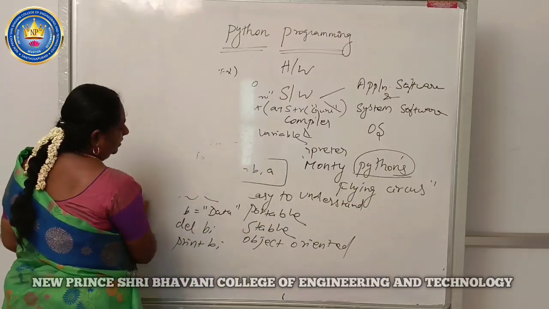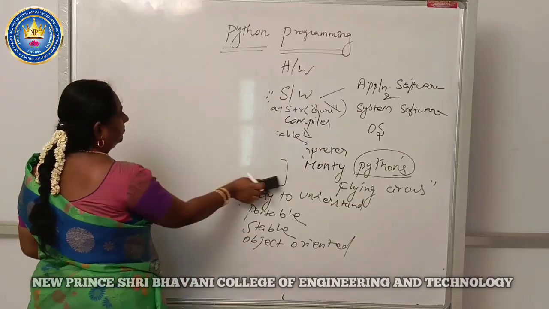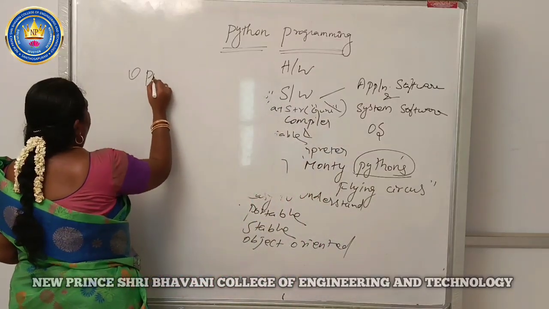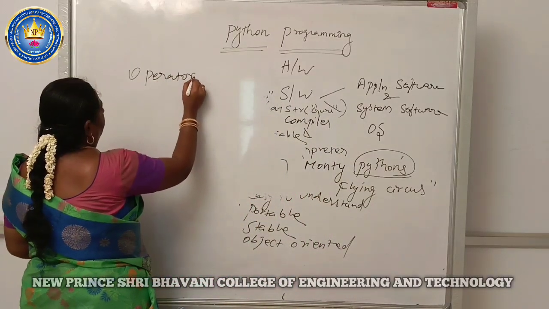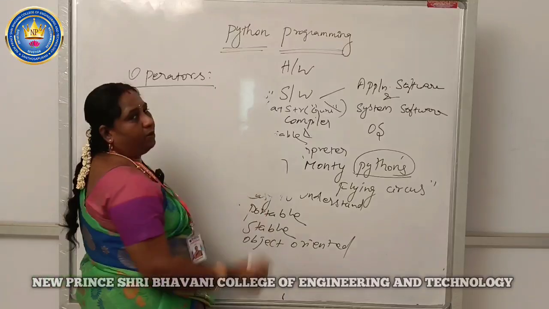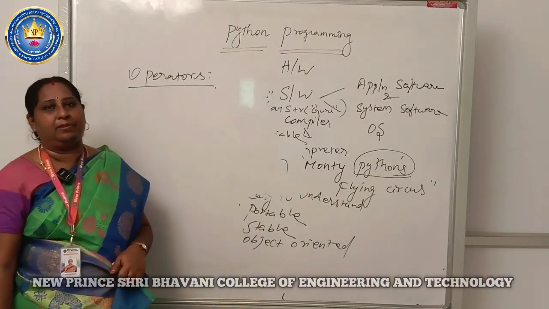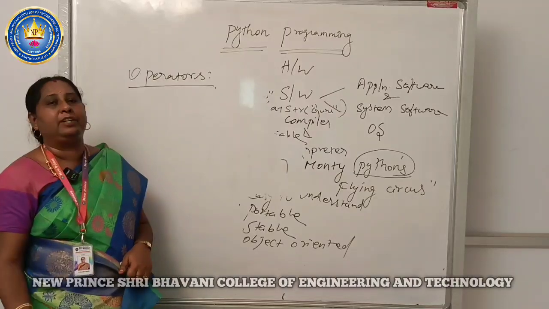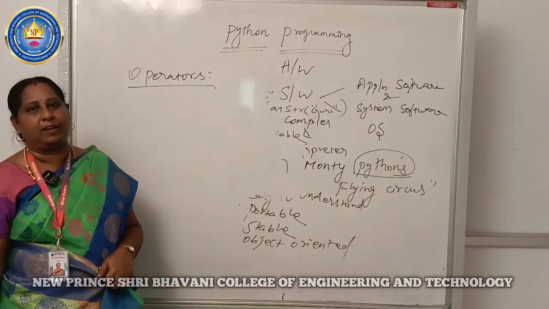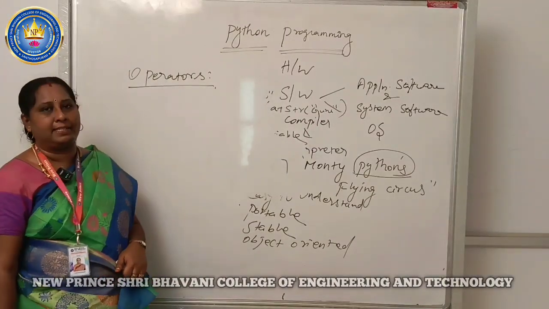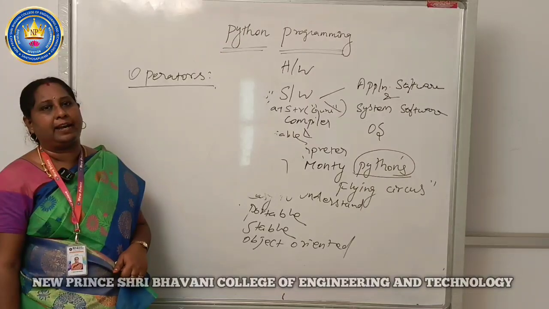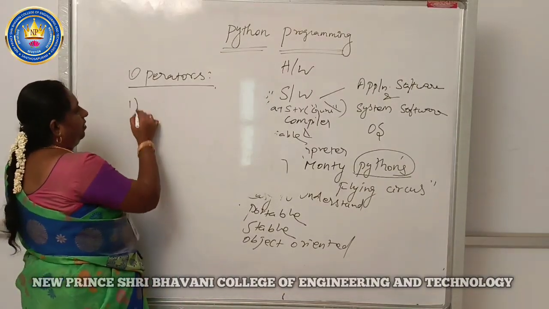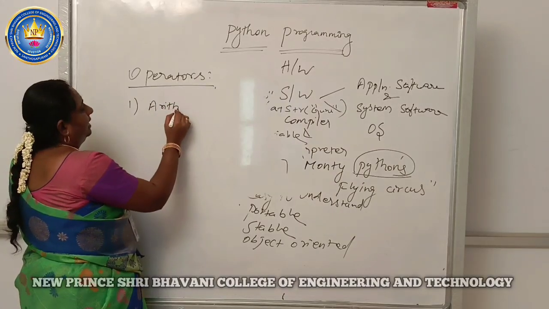These are all the basics of Python programming. So we go for the operators. What are the Python operators available? An operator is nothing but a symbol which is mainly used for arithmetic and logical calculations. The operand is the value on which the operator is used. What are all the types of operators available? First one is arithmetic.